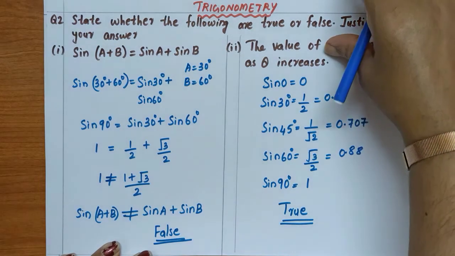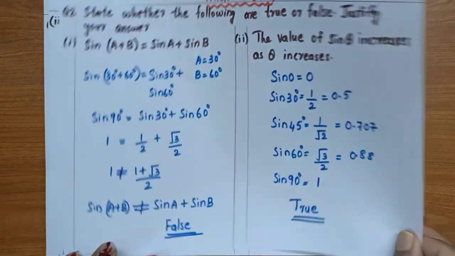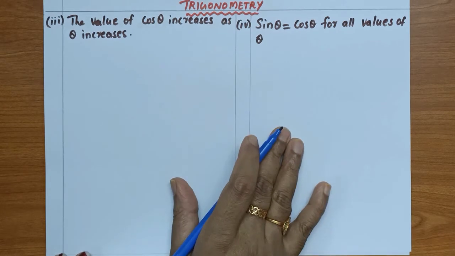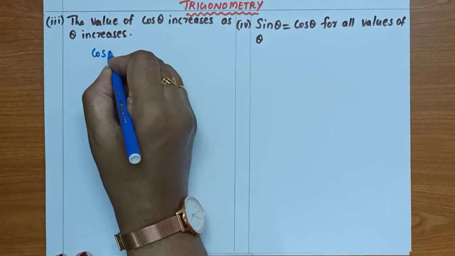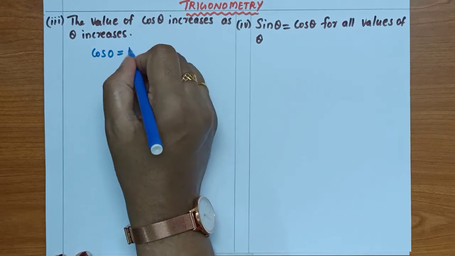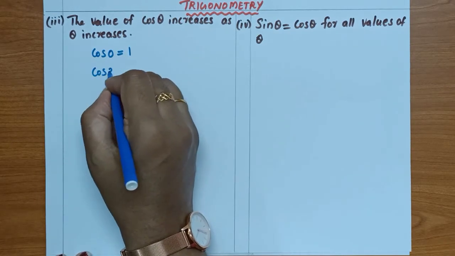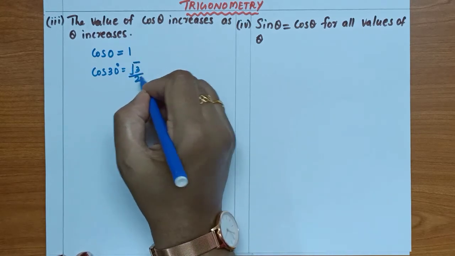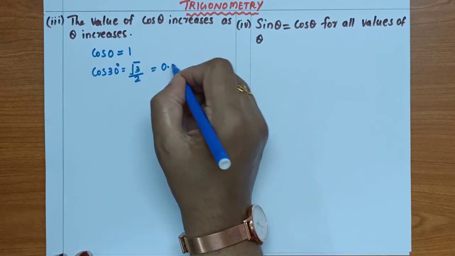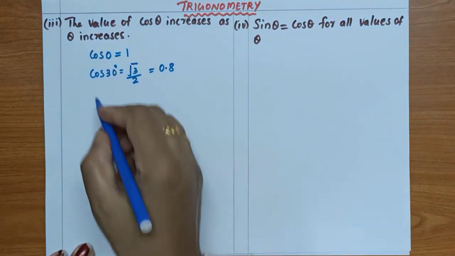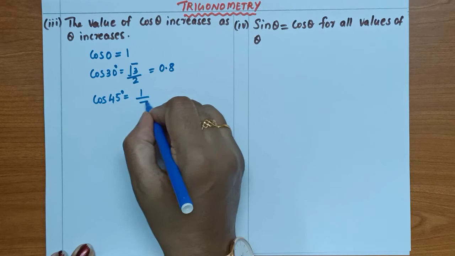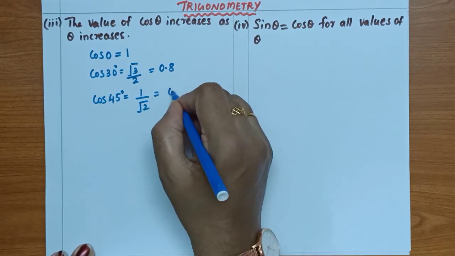Now question number 3. The value of cos theta increases as theta increases. It's like before, so we can give the values of cos theta one by one. Cos 0 is 1. The next is cos 30 degree, root 3 by 2, which means 0.8. Then cos 45 degree is 1 by root 2, that means 0.70.